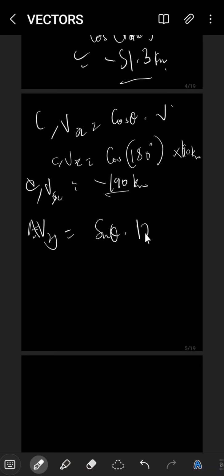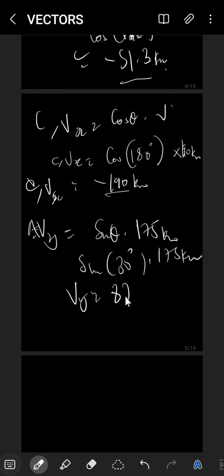Okay, so again, Vy for A is going to be sine theta times the magnitude, 175 kilometers. So this is going to be sine 30 degrees multiplied by 175 kilometers. That's going to give us 87.5 kilometers.